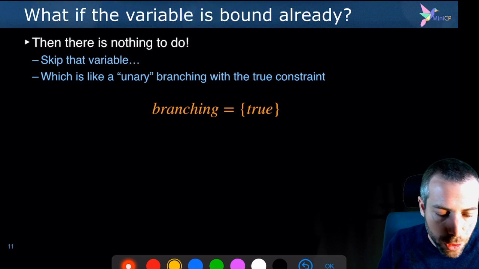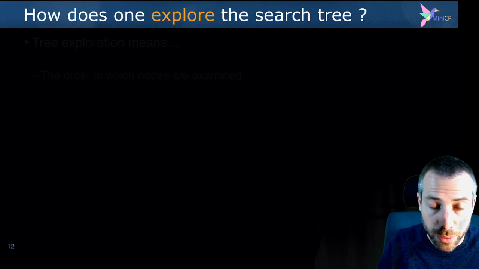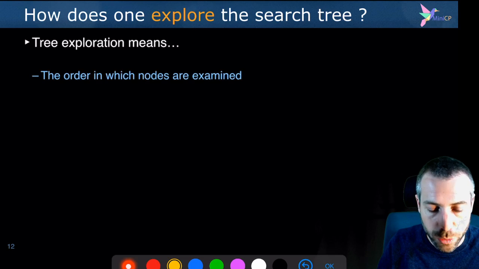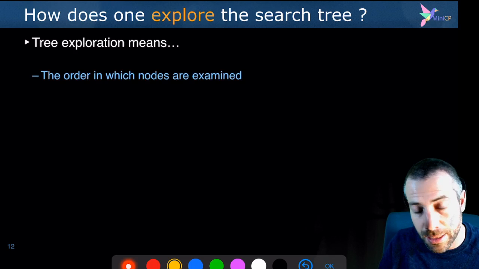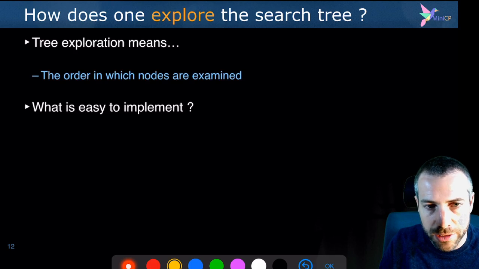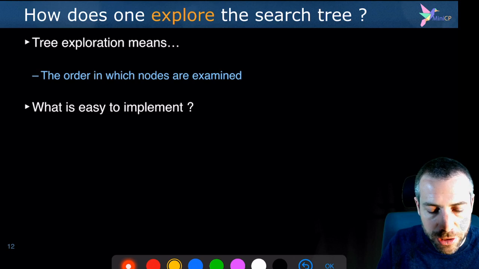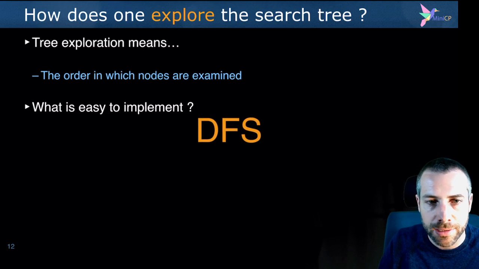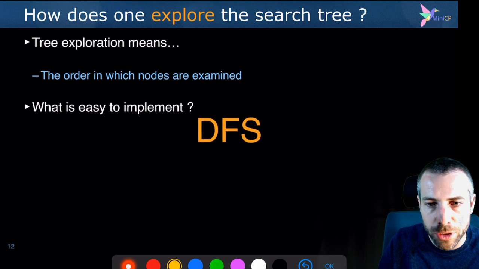So how do we explore the search tree? The order in which the nodes will be examined is really the search tree exploration strategy, and the one that we use, mainly for efficiency and ease of implementation reasons, is the depth-first search. The depth-first search has very important properties. The amount of space that it requires is proportional to the depth.